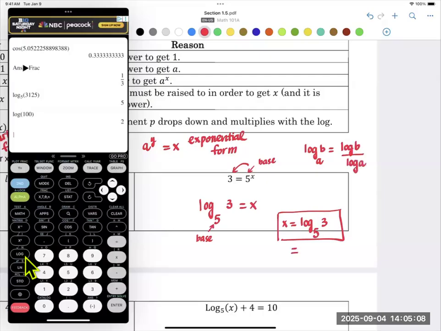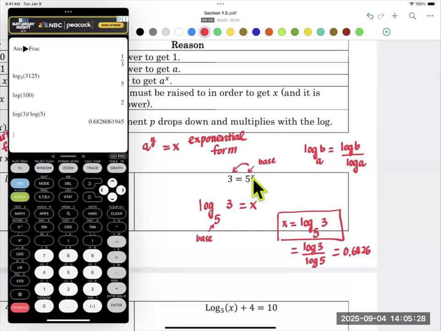So it's going to be the same as log 3 over log 5, which is about 0.6826. So your x is approximately 0.6826.